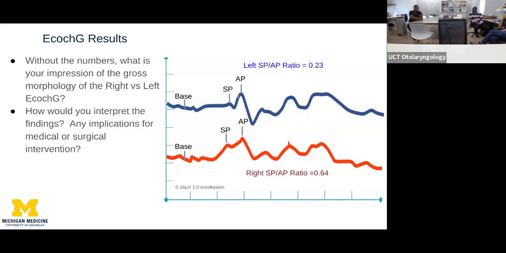I think we could try medical therapy, intratympanic steroids. Anything else? He just said medical interventions. What other interventions would we try? Lifestyle, yes.